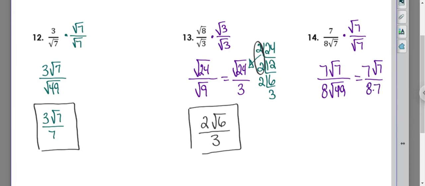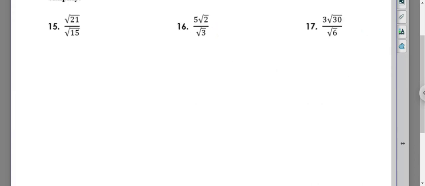We'll have 7 over 56, which leaves us with 1 over 8. So the square root of 7 over 8 as a final answer. Again, we can drop these 7s here because they are outside the radical. So it works with things that we can factor out. All right, see what you can do with those on the back.